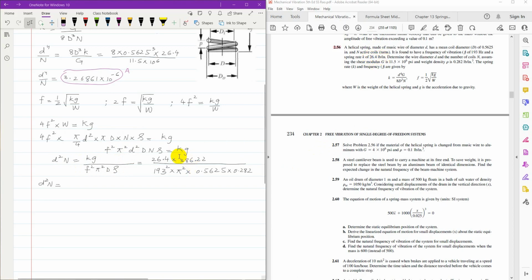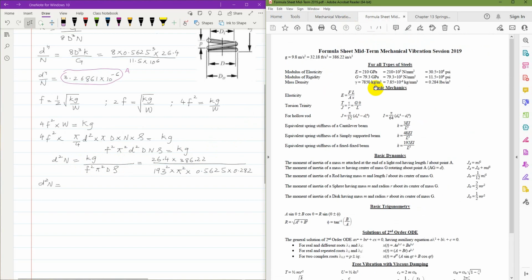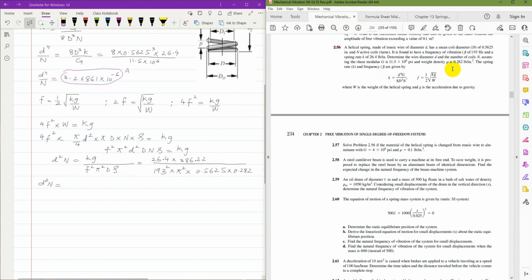The value of g in inch per second squared is 386.22, and then frequency is given as 193. The wire diameter, spring diameter or spring coil diameter is 0.5626, and the weight density is given as 0.282.